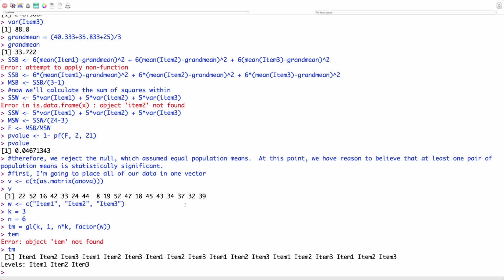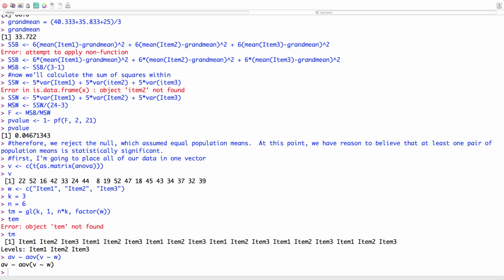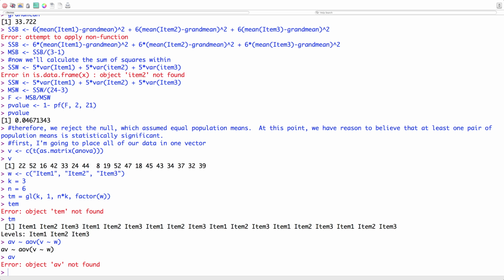So guess what I can do now is set my Anova to be W tilde. No, that's not right. It would be V tilde W. It's not working.